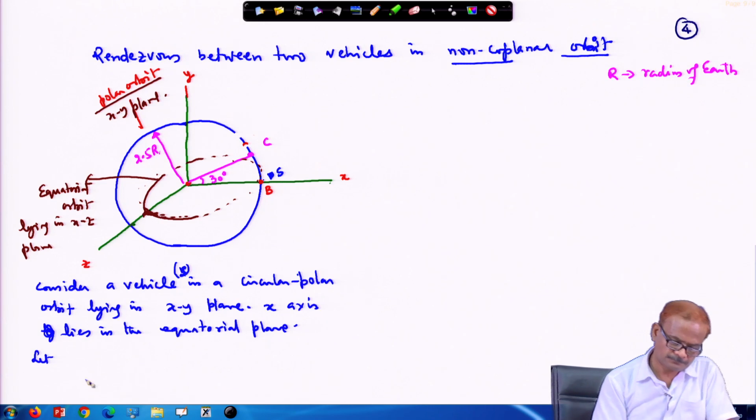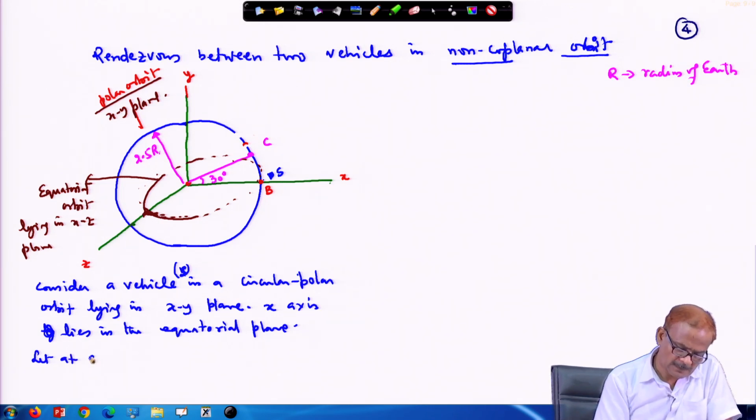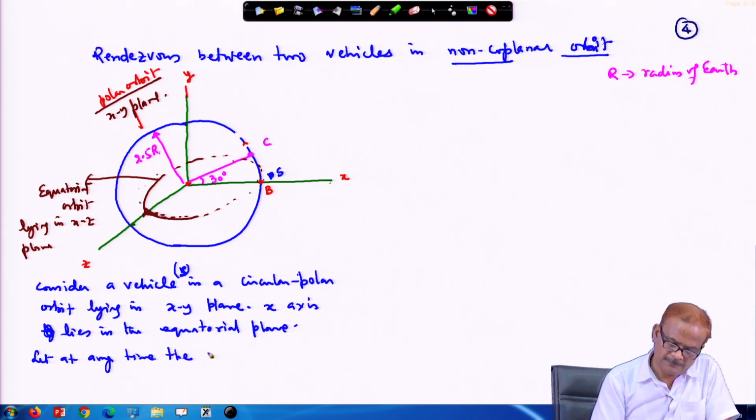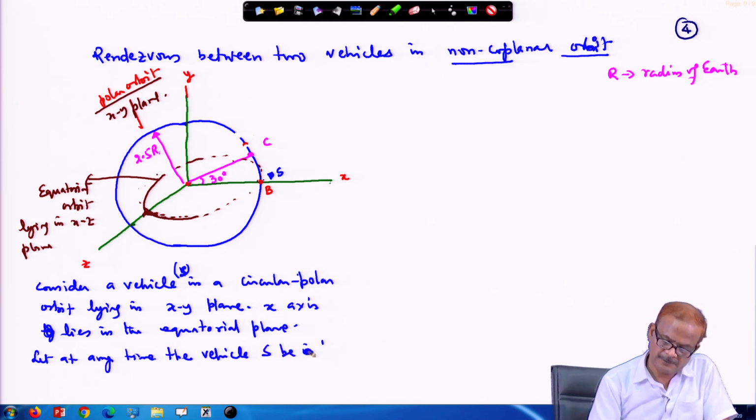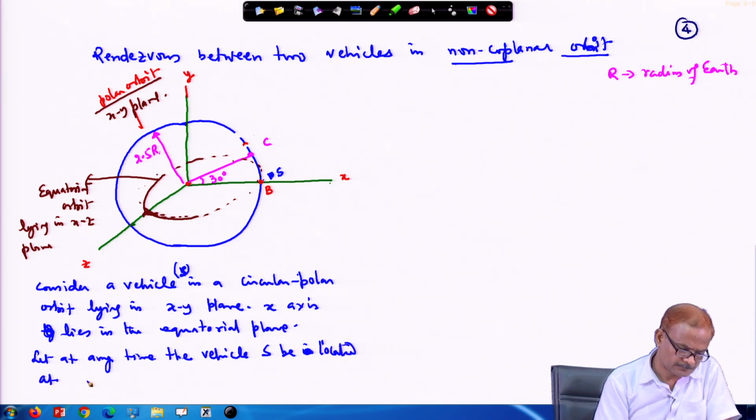Let at any time the vehicle be located at point B in the equatorial plane.